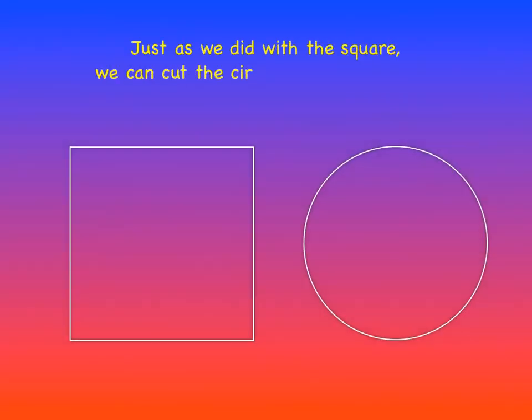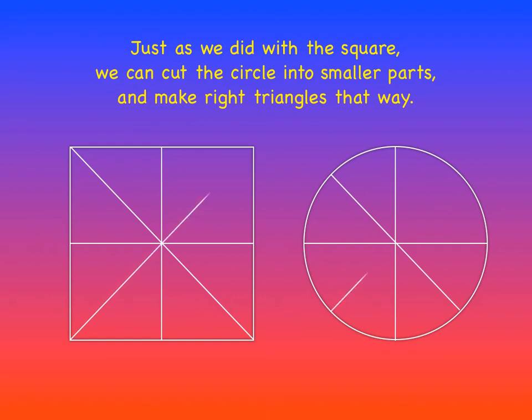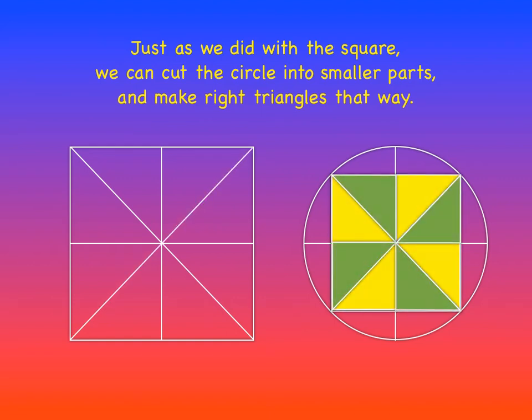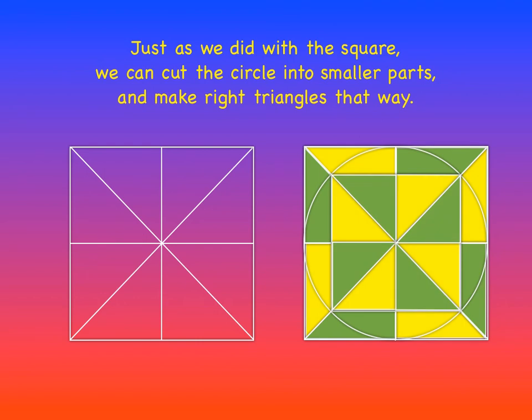Just as we did with the square, we can cut the circle into smaller parts and make right triangles that way. Every circle contains many right triangles.